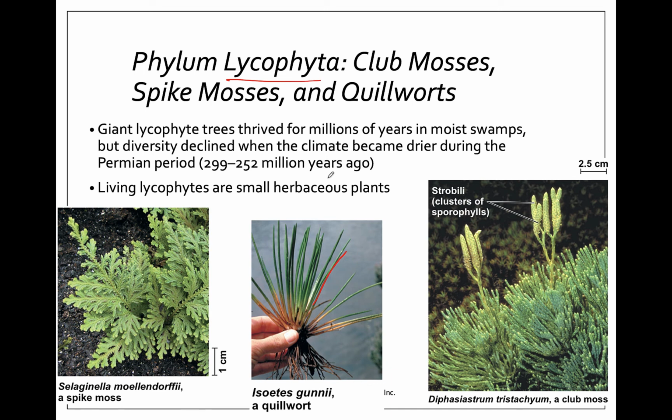Around this time, the planet started to become drier, and as a result, the moist environment started to decline. As the planet became cooler and drier throughout the Permian, these groups tended to decline because they relied heavily on water to distribute the sperm.